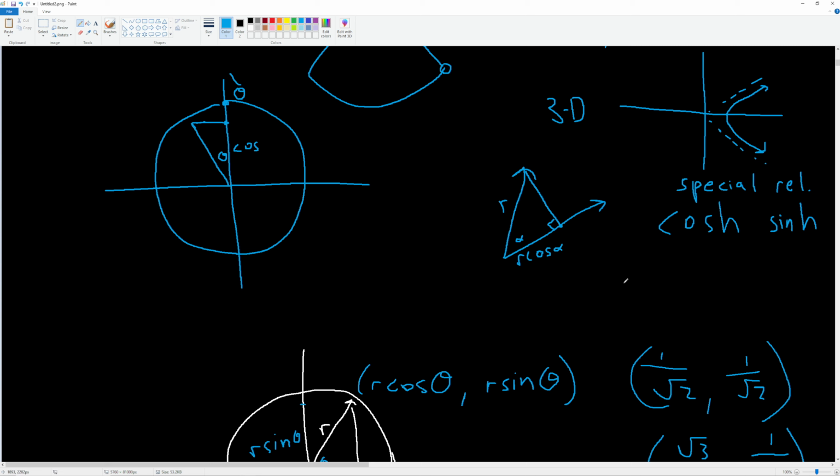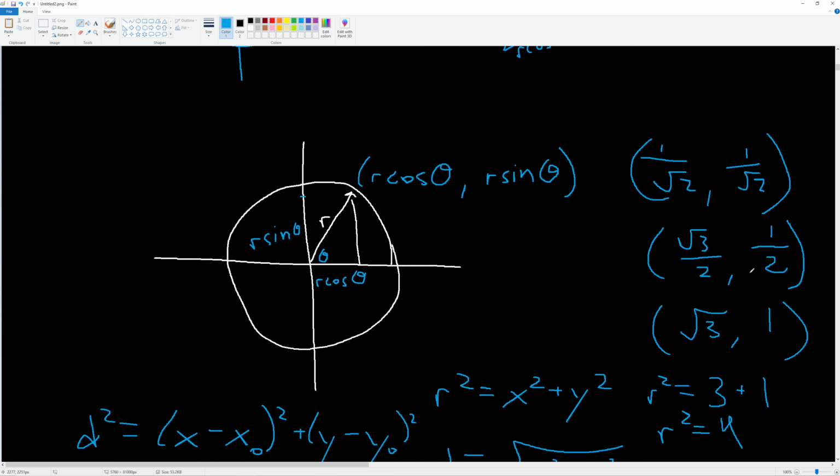So if you're interested in math in general, this is super interesting. There's so much to say about hyperbolic trig. So I may be talking about that. It's interesting in its own right, and it's also kind of the foundation of special relativity, at least from one way of thinking about it.